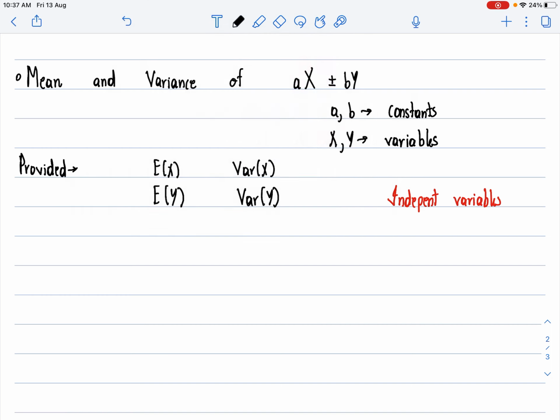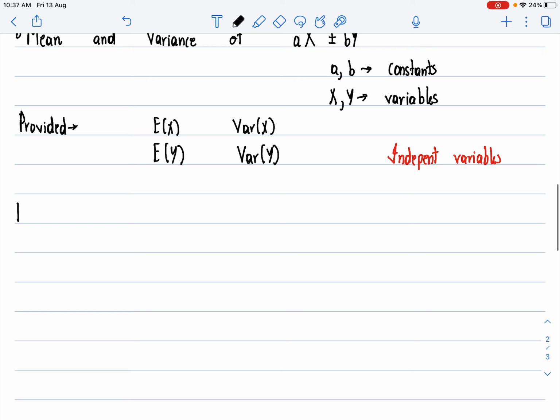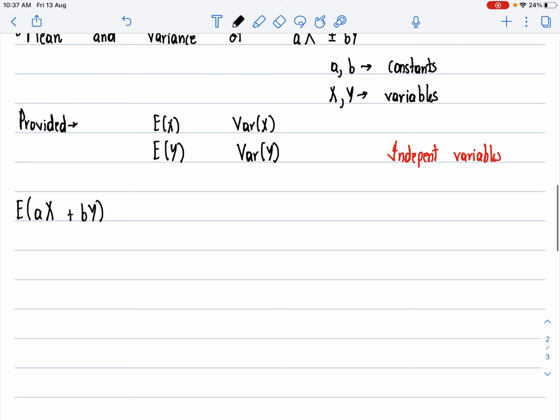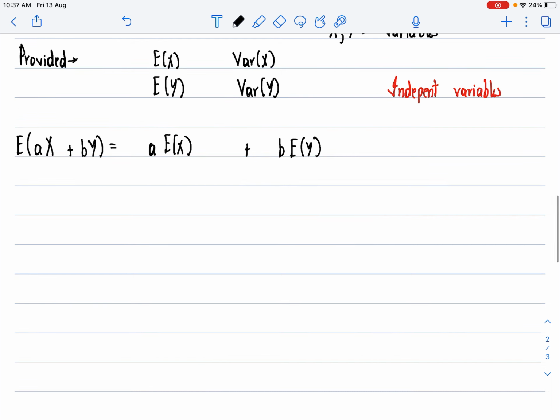Now they'll ask you the E of AX plus BY. So this will be equal to A into the E of X plus B into the E of Y. Simple.